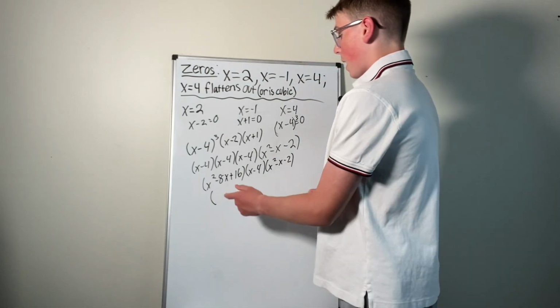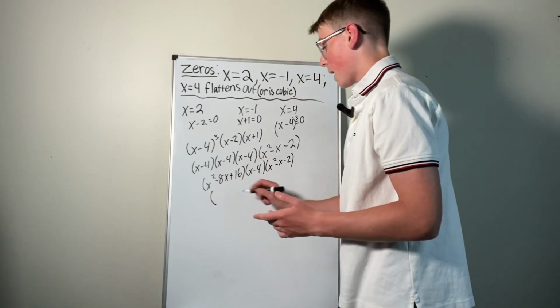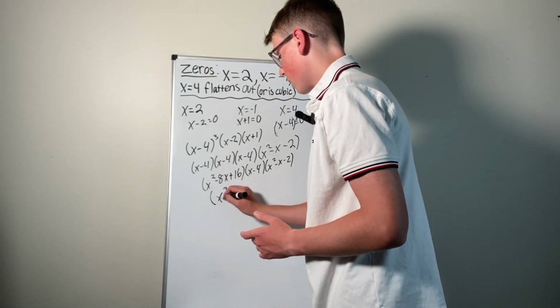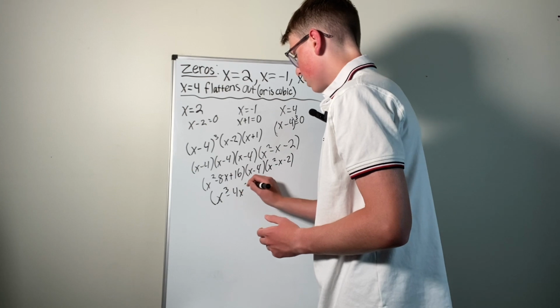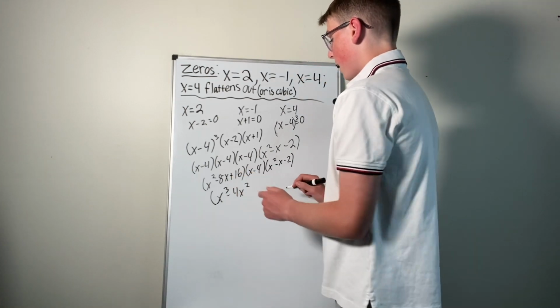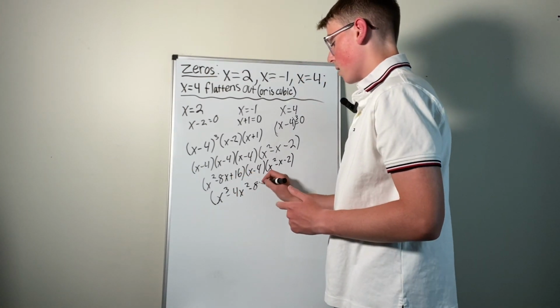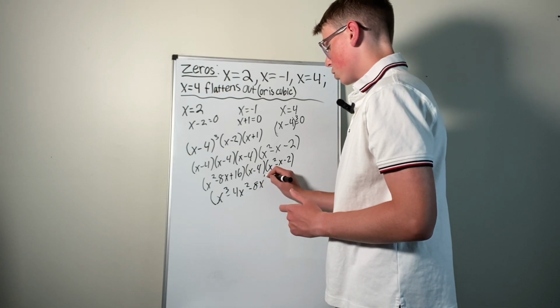We're going to do x squared times x is x cubed. x squared times -4 is -4x squared. Negative 8x times x is negative 8x squared.